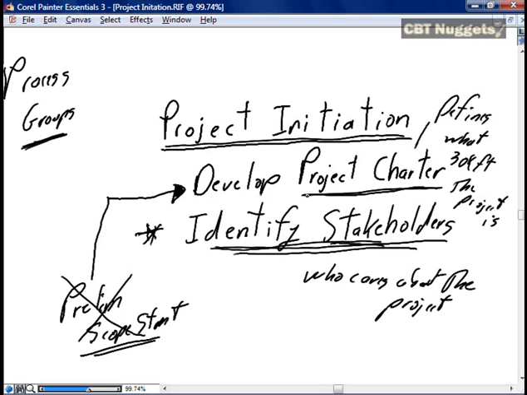So with that all said, project initiation has two processes now: developing the project charter, which contains what used to be called the preliminary scope statement as well, and the new process of identifying the stakeholders.